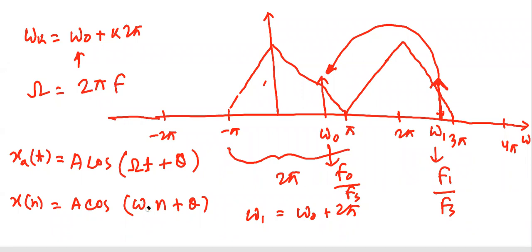Let me write it like omega, only omega, not omega 0, just for making it in a general sense. Now in the discrete domain, what we have written is cos, where omega is twice pi small f n plus theta. Now concentrate on the terms n and f.